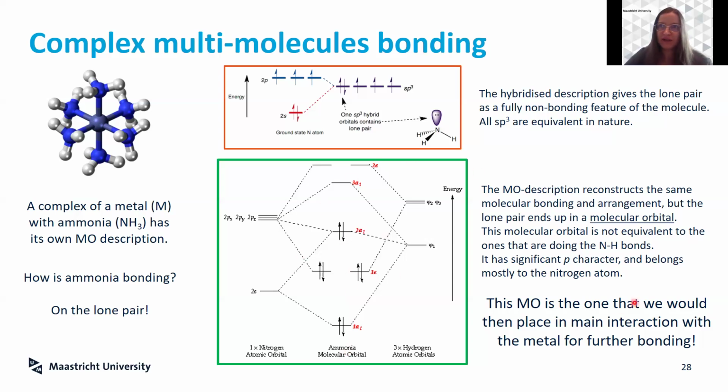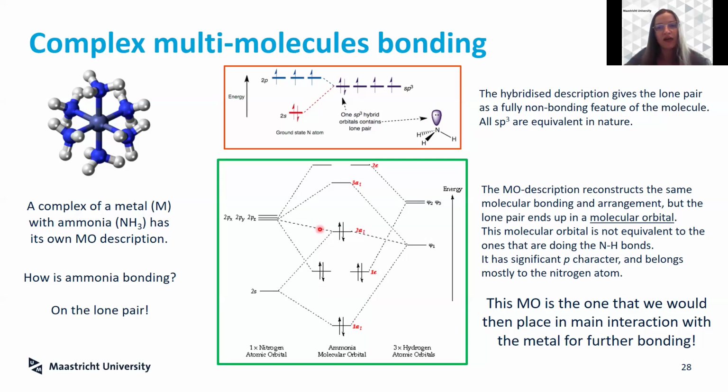The molecular orbital theory will reconstruct exactly the same thing, but your lone pair is not by itself. It is now in a molecular orbital. And the molecular orbital where you put the lone pair is not the same molecular orbital where the bonding electrons are. They are not in the same type of molecular orbital, whereas in the hybridization description, this lone pair is exactly in the same sp3 orbital as the other pairs that are doing the bonding. So this one is different.